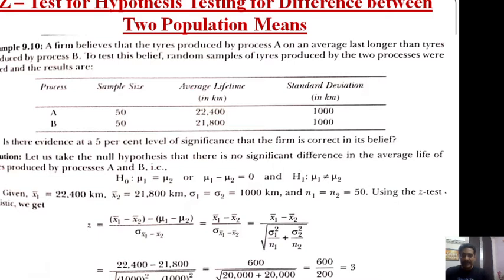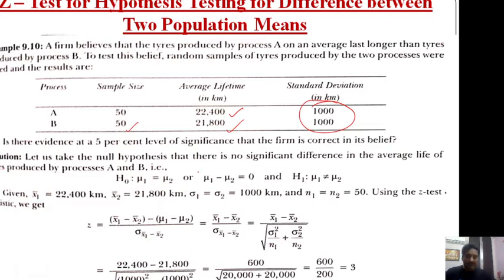From process A, the sample size was 50 and the average lifetime was 22,400 kilometers, and in process B, the sample size was 50 again, and the average lifetime was 21,800, and the standard deviation in both processes was the same. Is there any evidence at a 5% level of significance that the firm is correct in its belief?